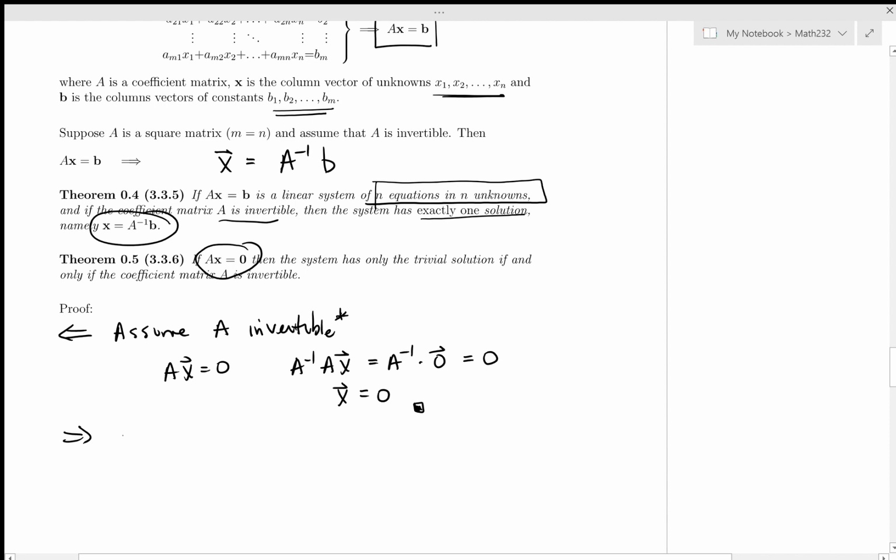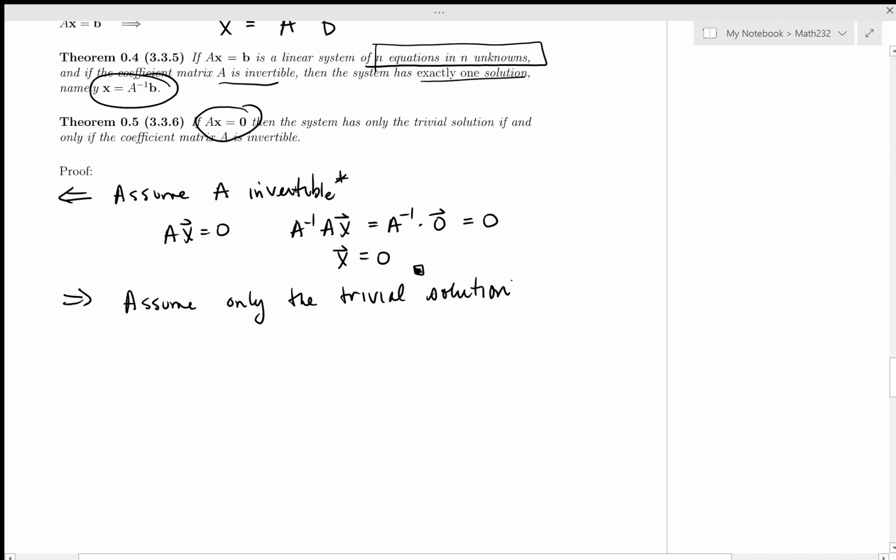Assume only the trivial solution. Okay, we're going to assume the trivial solution. That means if I have a system of linear equations looking like this, there's n unknowns, and there's n of these equations, as we are in the n by n case here.